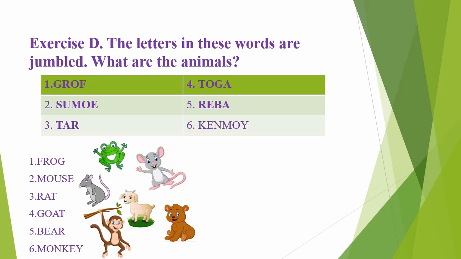Yes, rat. It has small ears. It is bigger than a mouse. It lives underground. Rat. R-A-T, rat. Look at number 4. Can anyone tell me what this animal is? Goat. Yes. G-O-A-T. People eat its meat, drink milk, and use its skin.